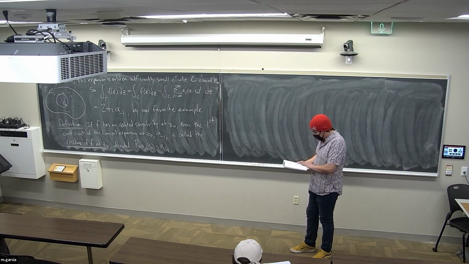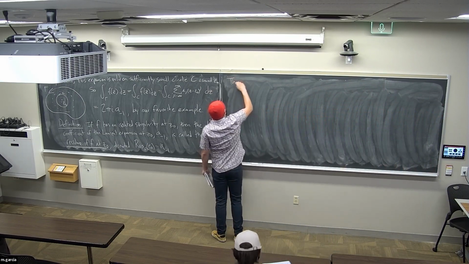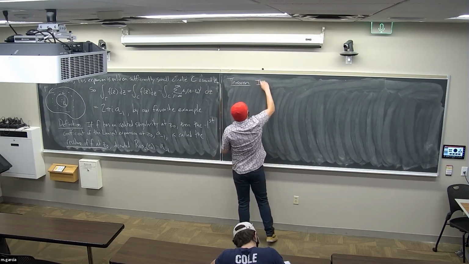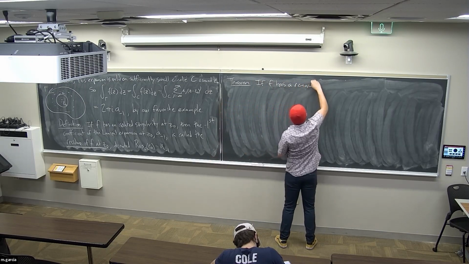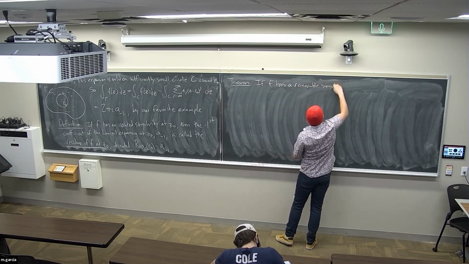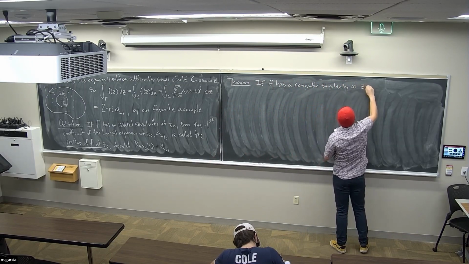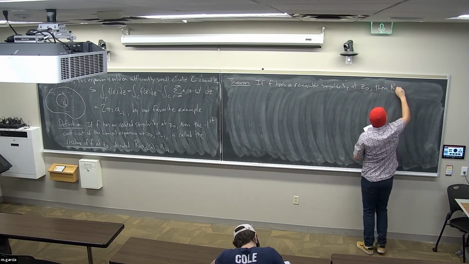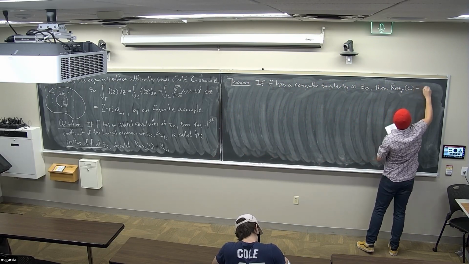Okay, so, right. Here's the theorem. If f has a removable singularity at z naught, then the residue of f at z naught is equal to 0.